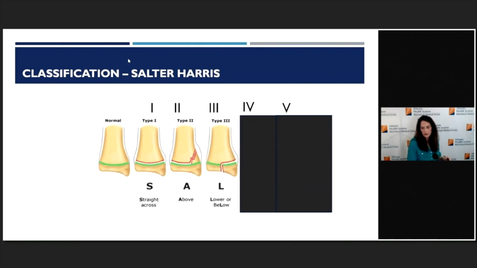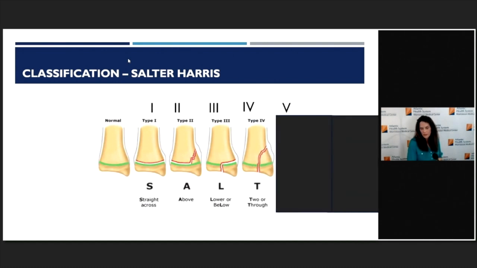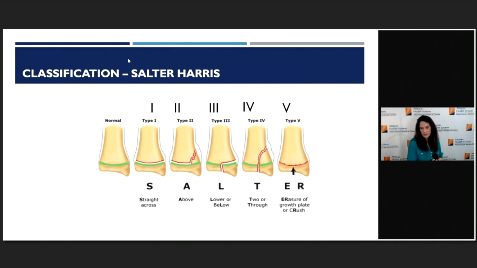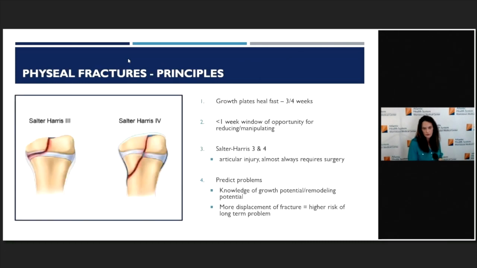Type 3 is where it goes through the growth plate and then propagates down into the joint, into the epiphysis. Type 4, it goes through the metaphysis, crosses the growth plate and into the joint or into the epiphysis. And then type 5 is sort of the elusive type 5. It's more of a crush injury from an axial load.